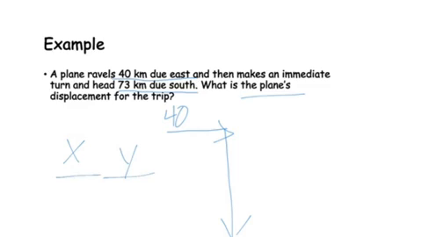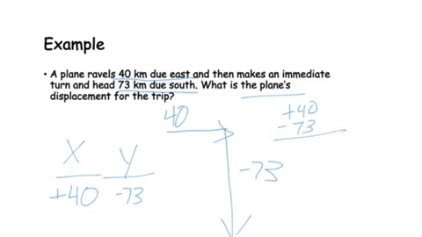Our x is going east, and east is positive, so we got positive 40 on this side. Then we only have this in the y. It's south, and south is negative, so we got negative 73. For your resultant, you just add those two numbers. That gives us negative 33, so the total displacement was negative 33 meters.